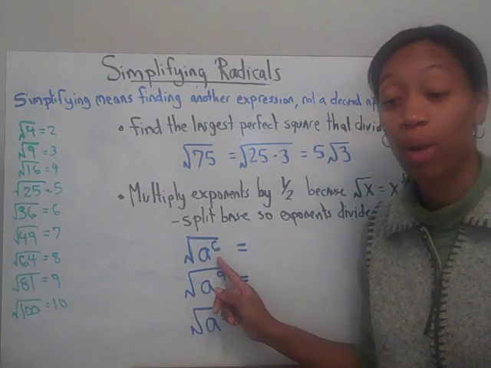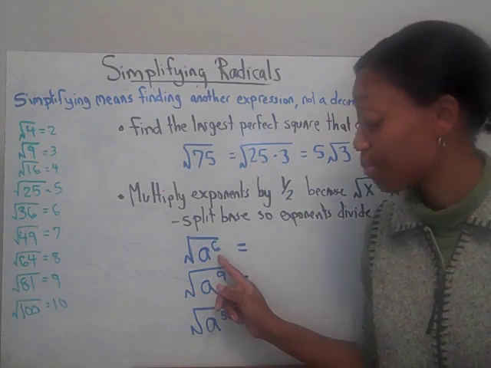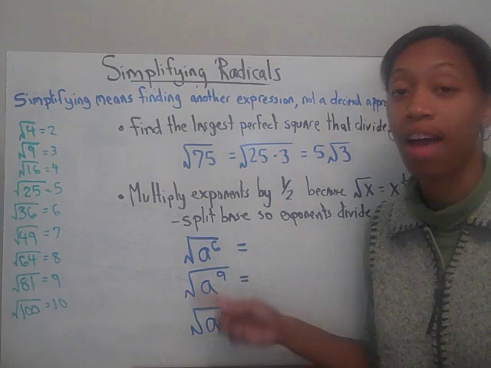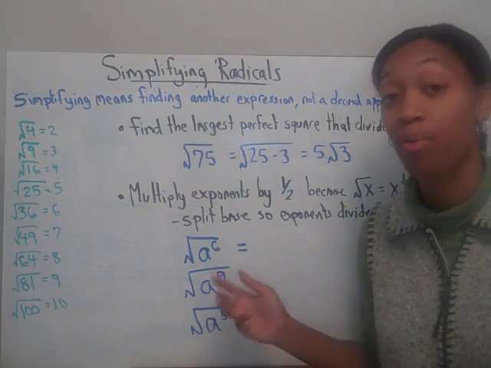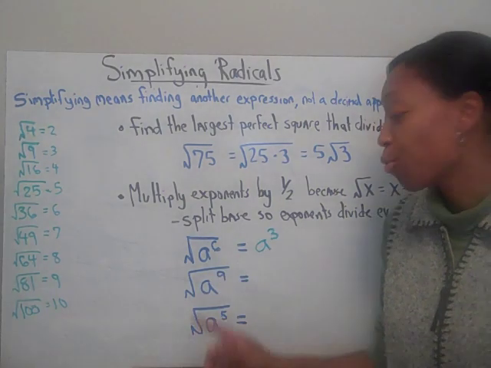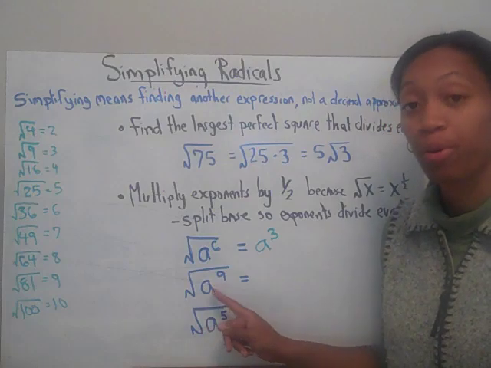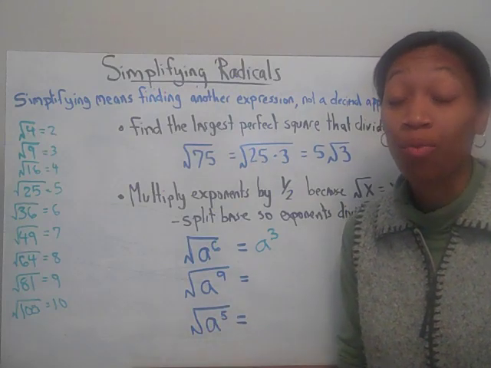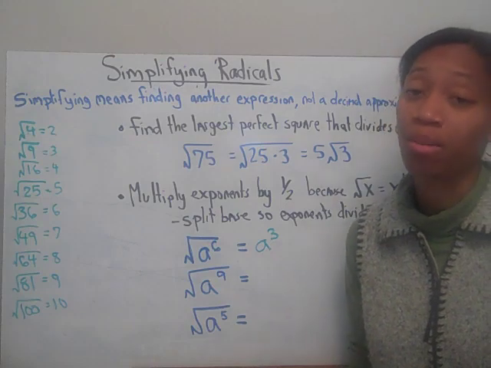If we take the square root of a to the power 6, well, 6 times 1/2 is 3, so that's just a to the 3. However, when I get ready to take the square root of a to the 9, well, 9 times 1/2, 9 is an odd number, not an even number.